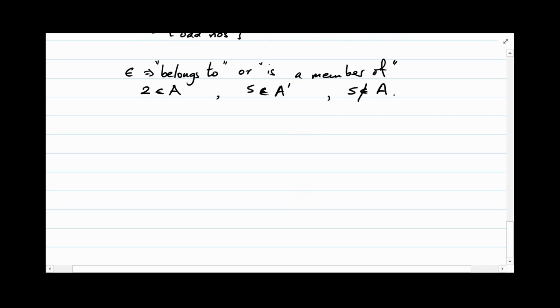Alright, other symbolism. A subset. What is a subset? A subset, or we could say that set A is a subset of the universal set. It is, and there are several ways.